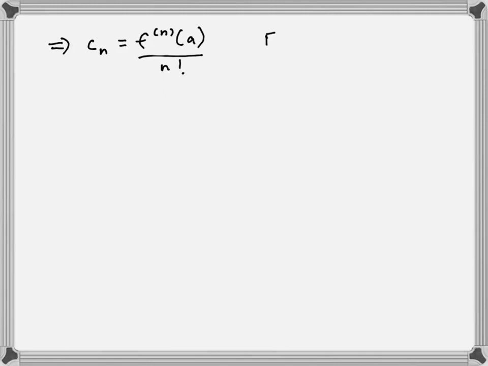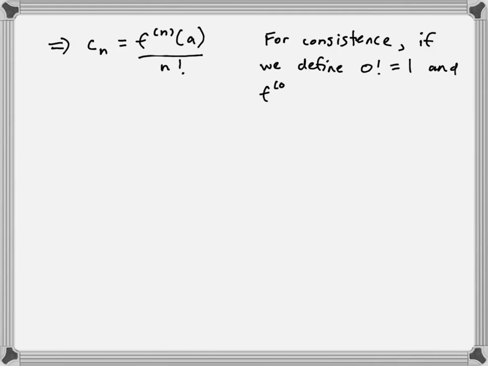So again, for consistency, if we define 0 factorial to equal 1 and the 0th derivative of a function to just be the function itself, then the formula holds for all n.